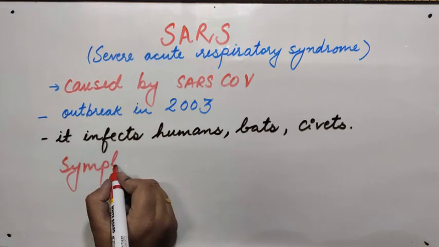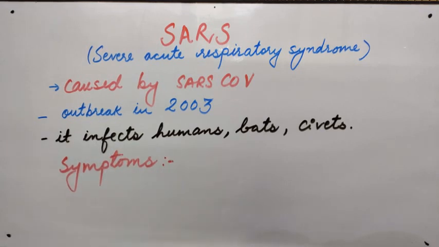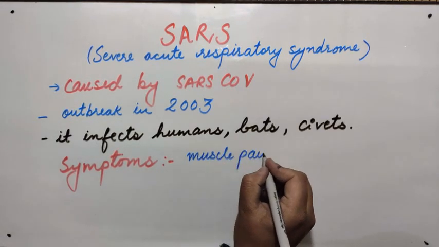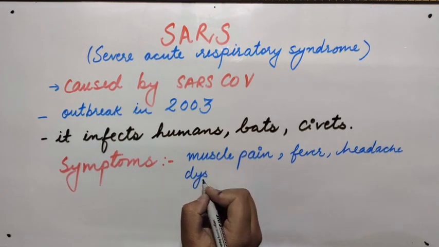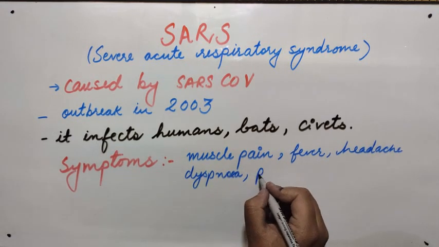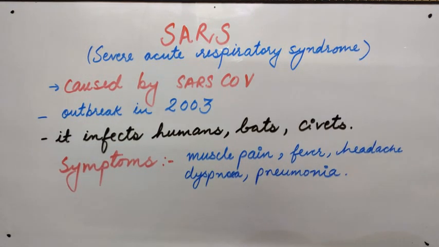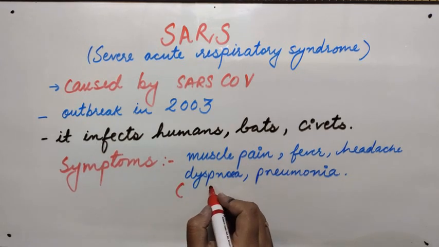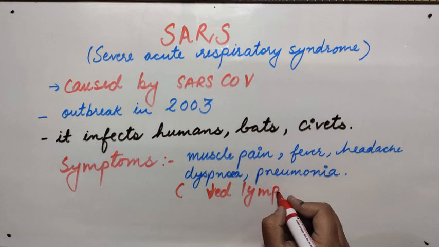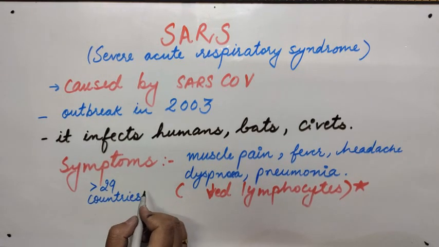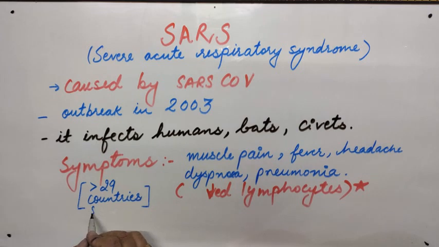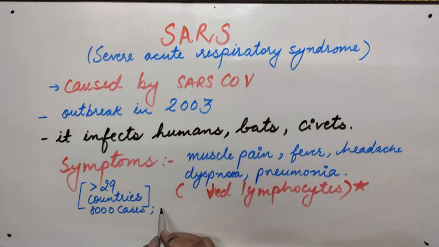Coming to the symptoms of SARS, there is muscle pain, fever, headache, cough, dyspnea and pneumonia. Also, other findings in SARS patient, there is decreased value of lymphocytes in the patient's blood. SARS was seen in more than 29 countries and about 8,000 cases were noted.